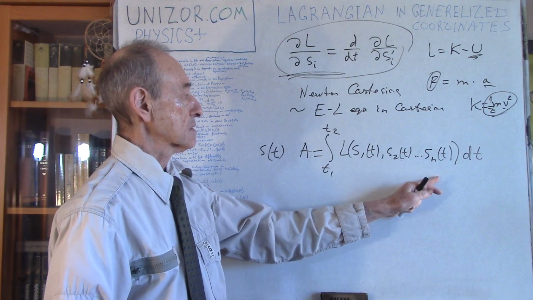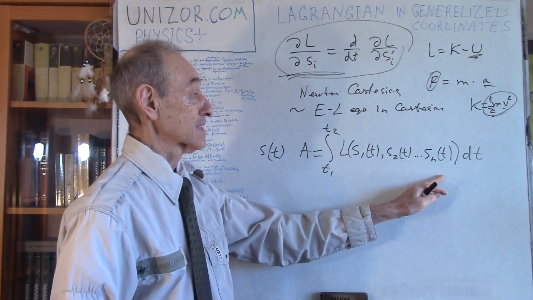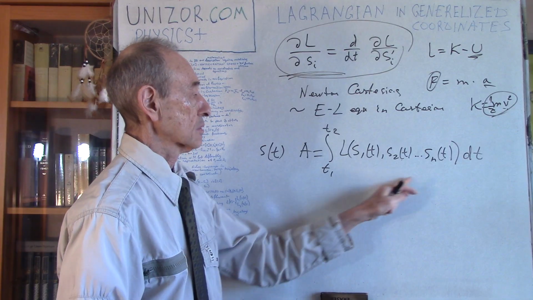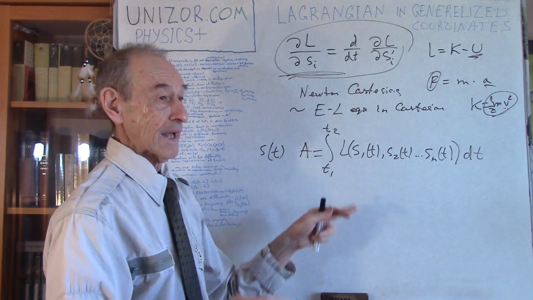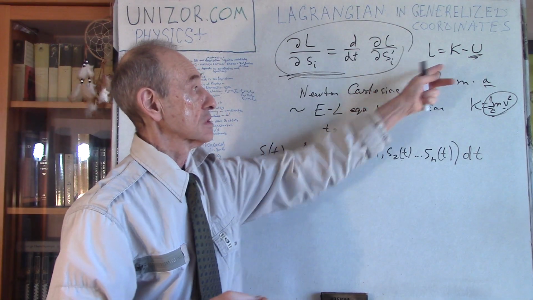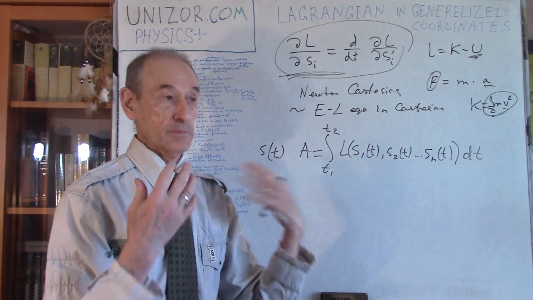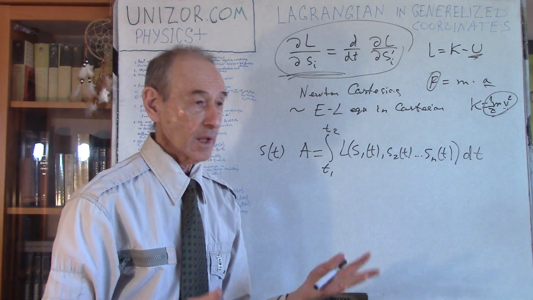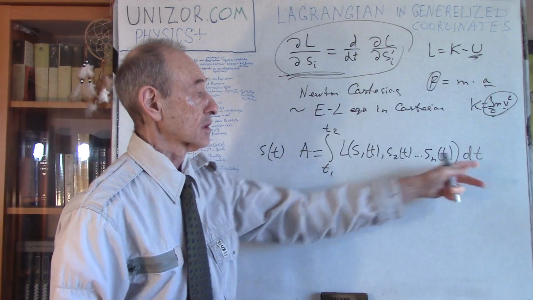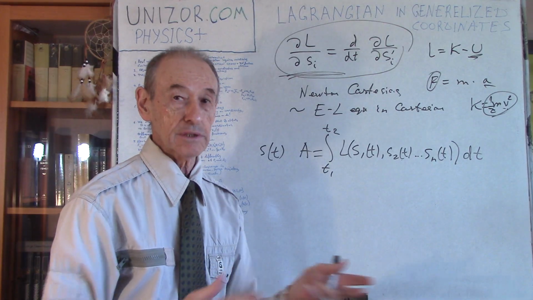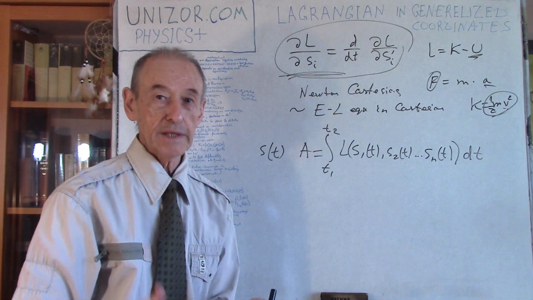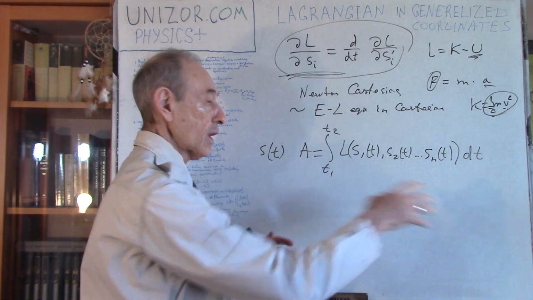No matter what the system of coordinates, the point will be the same at the same moment of time t. If I take other coordinates, q1, q2, etc., the function L is a function of a point on the trajectory, which is energy related, which is a scalar, again not related to any kind of coordinate system, and integral by time. So it's not related to coordinate system. So this is a functional not related to coordinate system, related only to the trajectory.